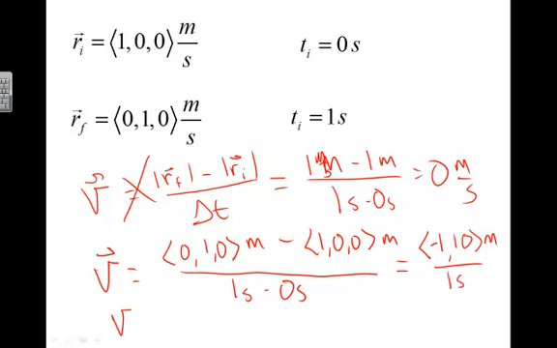So in this case, our velocity turns out to be minus 1, 1, 0 meters per second. So if you're paying attention, you may notice that my units are wrong here. This should just be units of meters, because velocity should end up with units of meters over seconds.